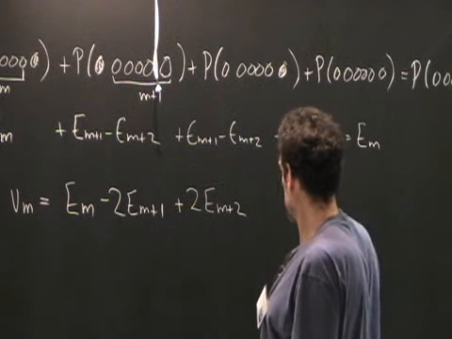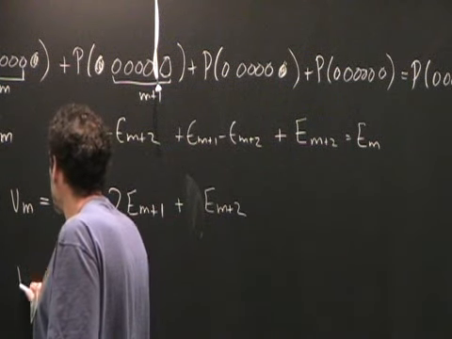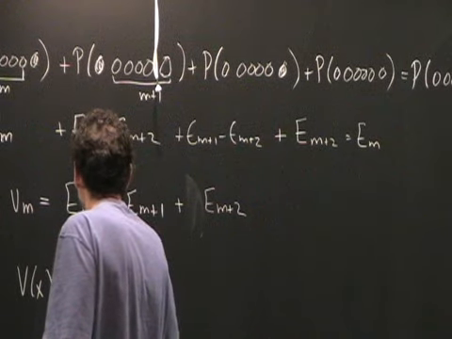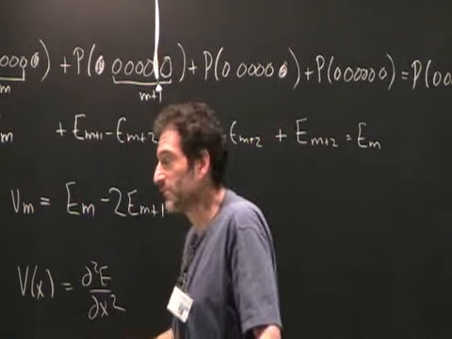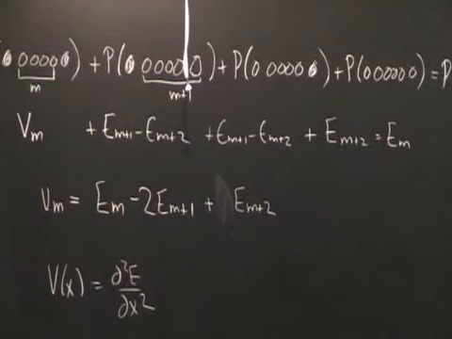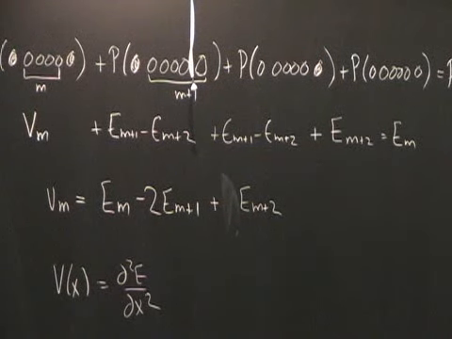There's no 2. No 2, thank you. So, another way of putting this is that V of x in the continuum limit is nothing more than the second derivative of E with respect to x squared. So there's a simple relation between those two things. If we know V, we know E, and vice versa, and so you should choose whichever elementary excitation is simplest for solving the problem at hand.